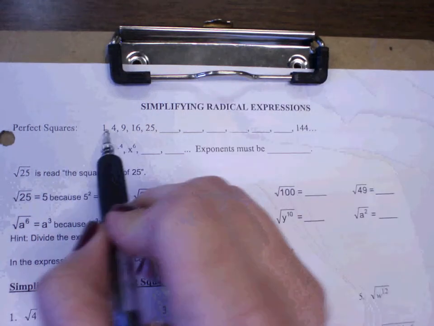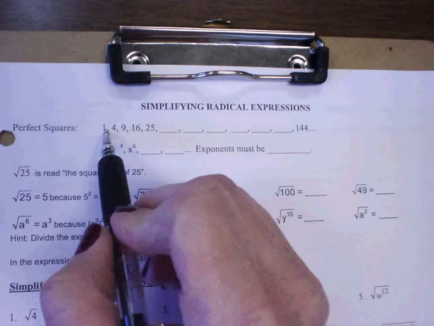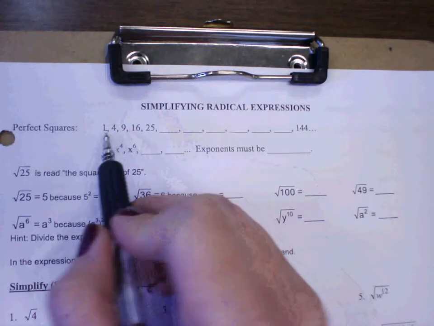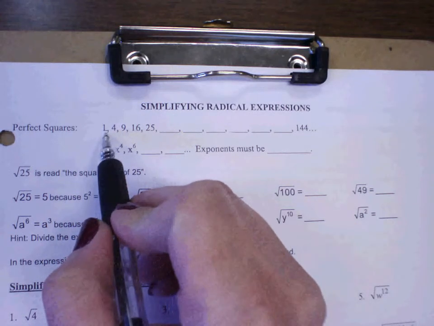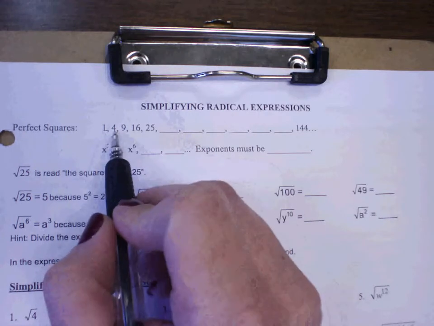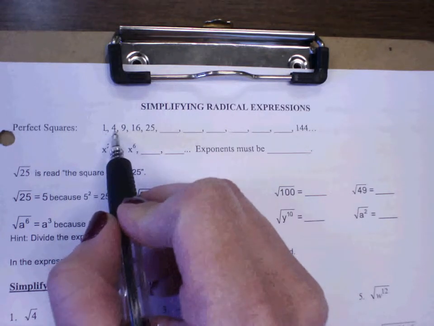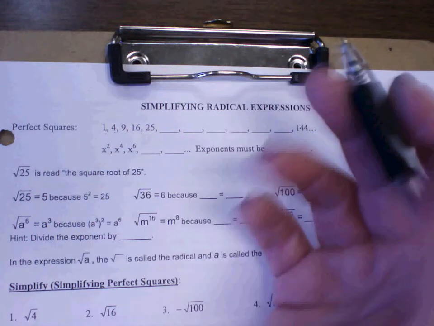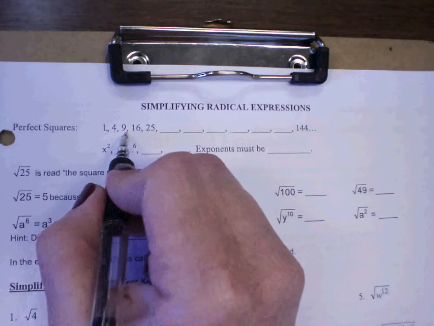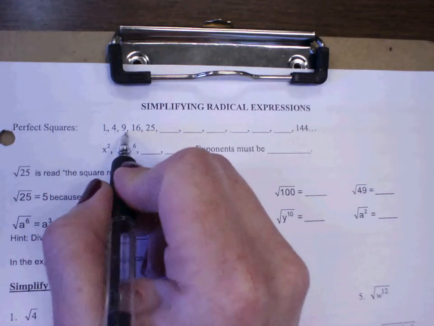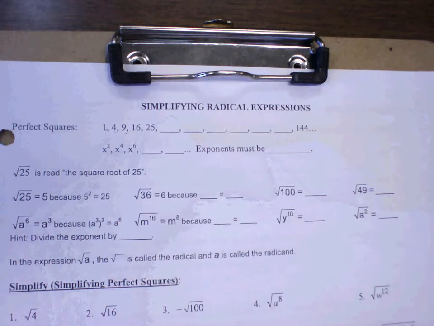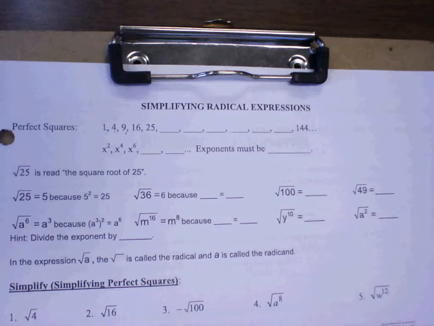So for example, 1 times 1 is 1. So 1 is a perfect square, and the square root of 1 would be 1. 2 times 2 equals 4, which means 4 is a perfect square because the square root of 4 would be 2. 3 times 3 is 9, which means the square root of 9 is 3, right? So all these are perfect squares because when you take the square root, it's a nice even number, right?